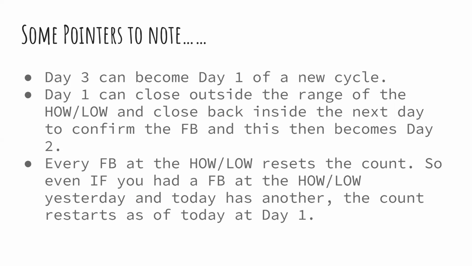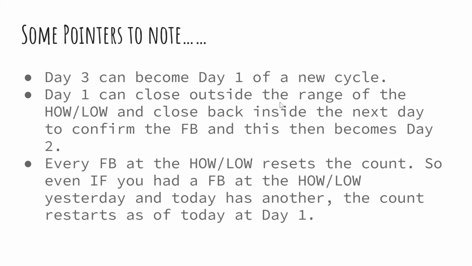What happens is that the next day, which is today, price then closes back inside the range of the week from which it broke out, and that automatically becomes day 2, and the day before would have been day 1. I will show you examples in the charts as to how this would look.